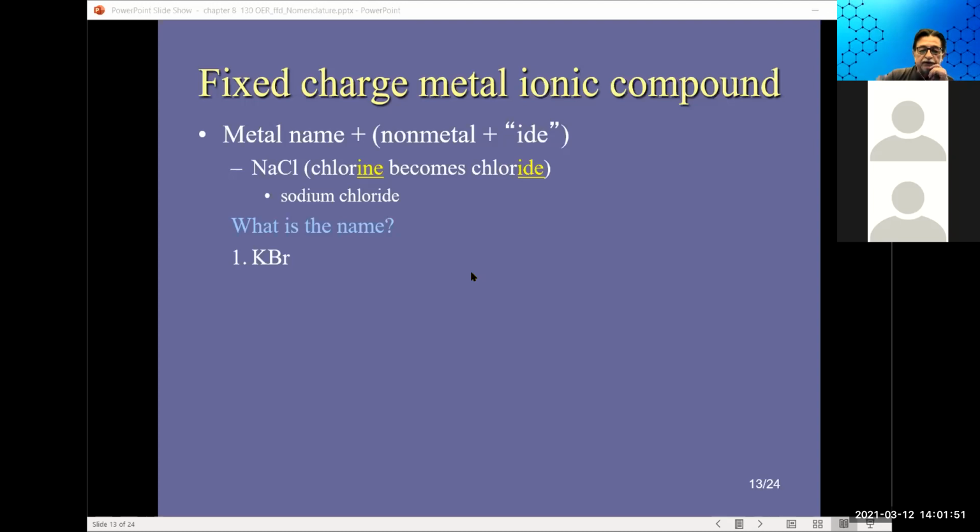Would that be potassium bromine? No, it would be potassium bromide because it is an ionic compound. Here we have magnesium, and then we have oxygen in an ionic compound, which makes it oxide. So we have magnesium oxide.